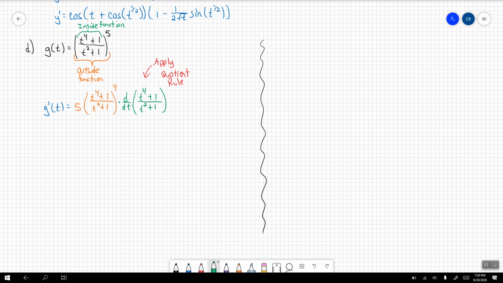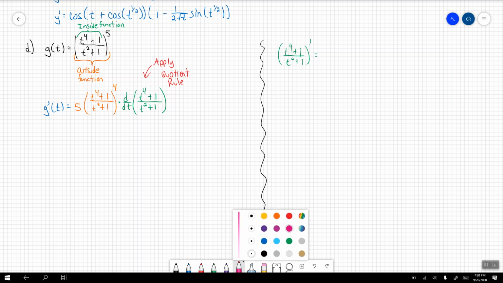So applying this quotient rule, we're going to identify that we have t to the fourth plus 1 divided by t squared plus 1, and I want to take this derivative, which means I have some u and I have some v that I need to account for. All right, so let's account for those.